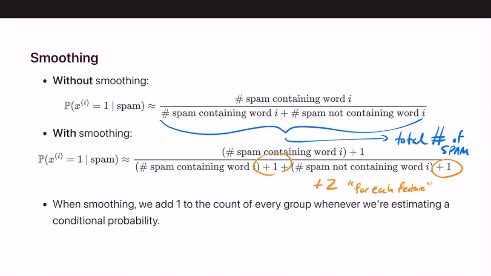We're adding that so that we remove the possibility of multiplying by a 0 in the product of the conditionally independent probabilities in the numerator.